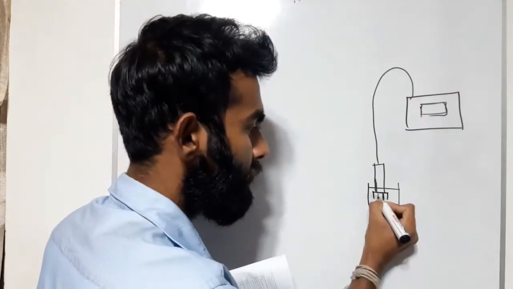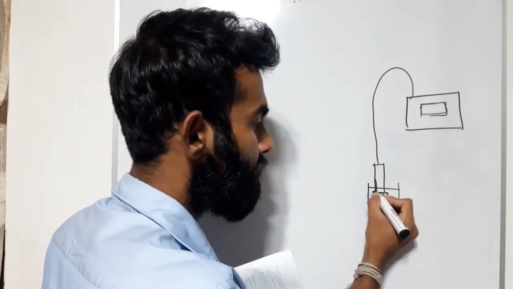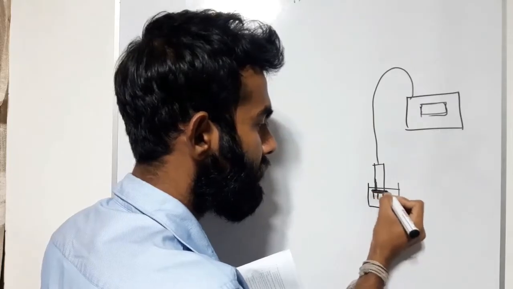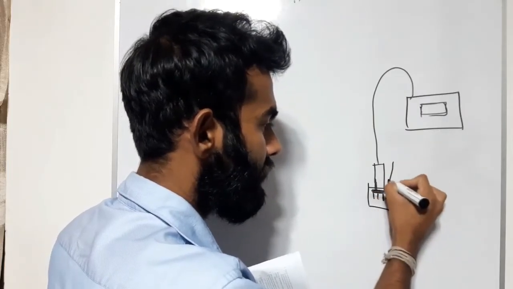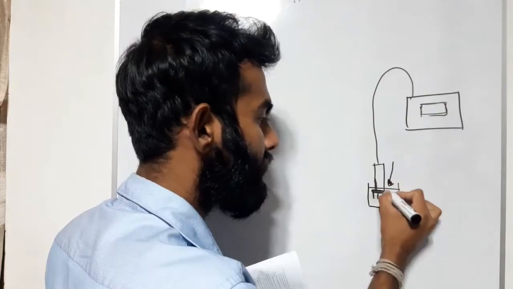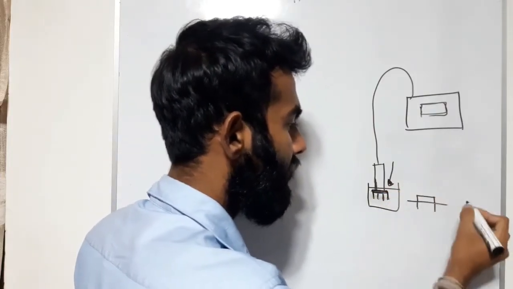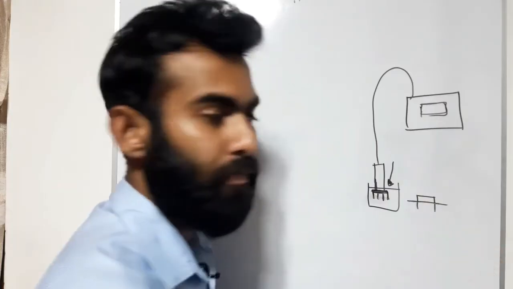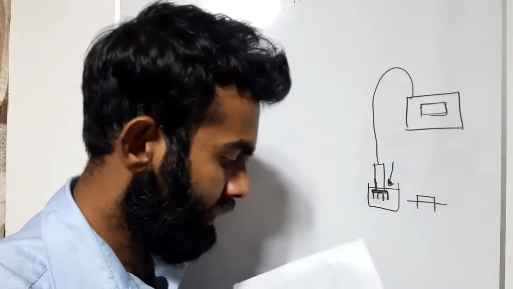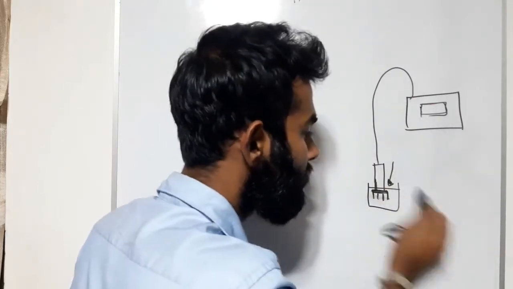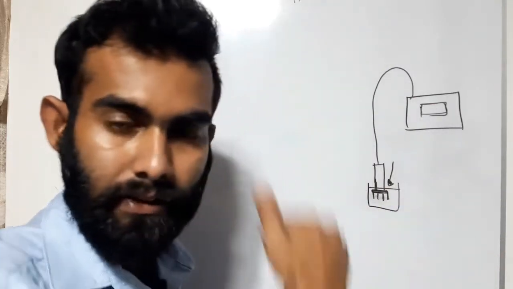If the two plates are immersed only halfway, the readings will have an error. So we have to fully immerse the two plates in the solution. That's the first thing we have to remember.